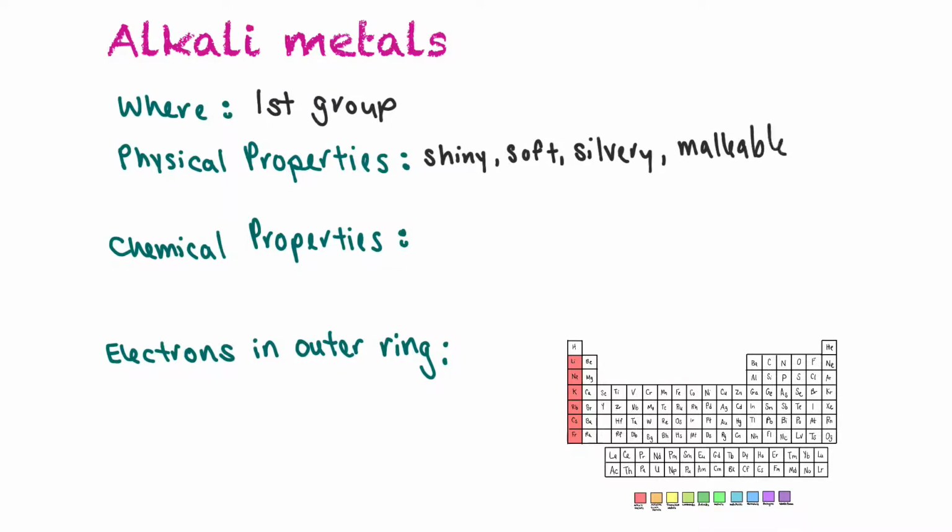Their chemical properties are that they're very reactive in air and water. So they'll actually react with the water vapor in air, or if you drop a piece of alkali metal into a beaker of water, it will ignite or even explode. And alkali metals all have one electron in their outer ring.